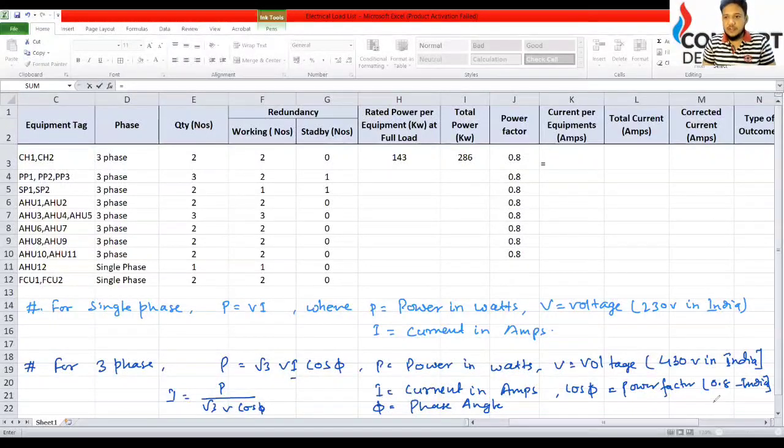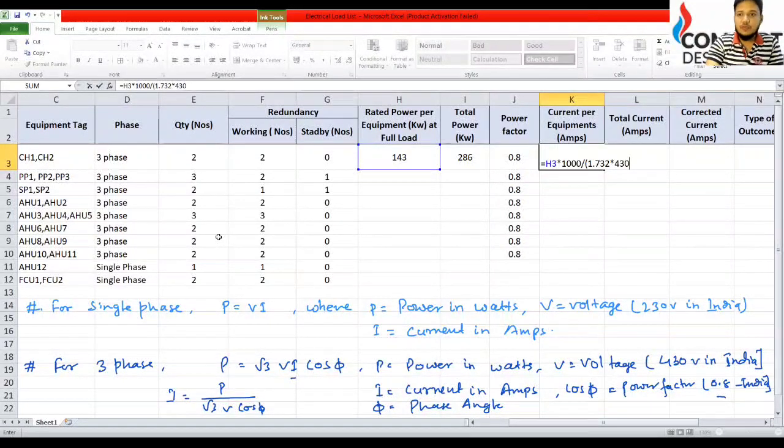We know cos phi is 0.8, V is 430, root 3 is 1.732, and power we have here. So we will click on the power for 1 unit, but this is in kilowatt, so we need to convert it into watt. We will multiply it by 1000 and then divide it by, in bracket, 1.732 multiplied by voltage, 430 volt, multiplied by 0.8.